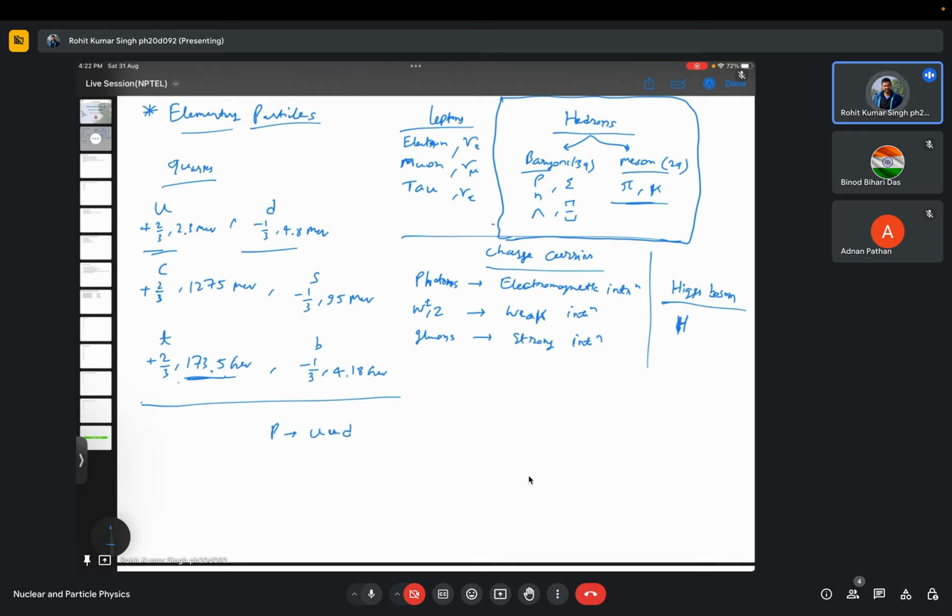If you add up these masses, 2.3 plus 2.3 plus 4.8, it will give you 9.4. But we know that the proton's mass is 938 MeV, right?